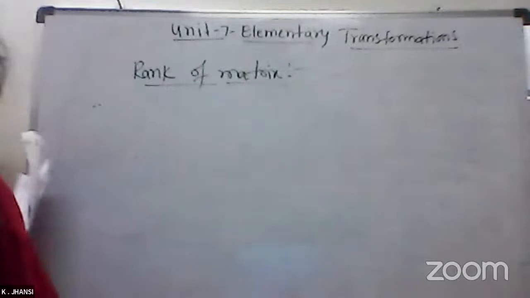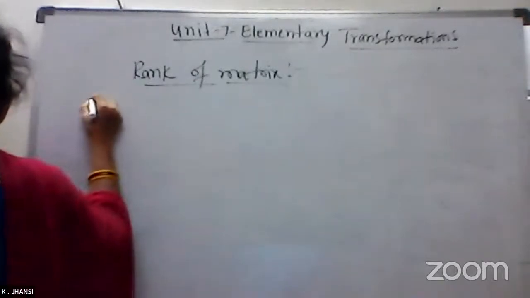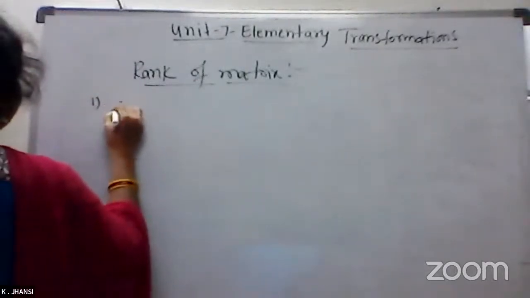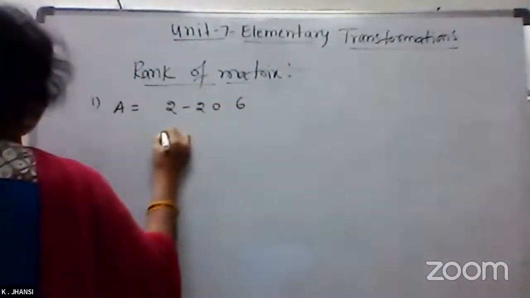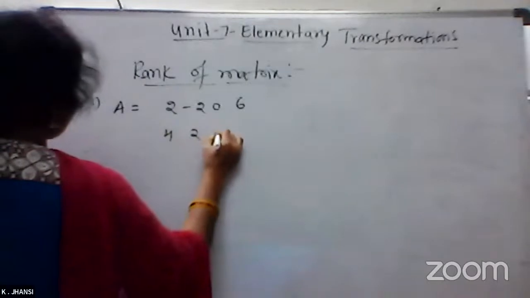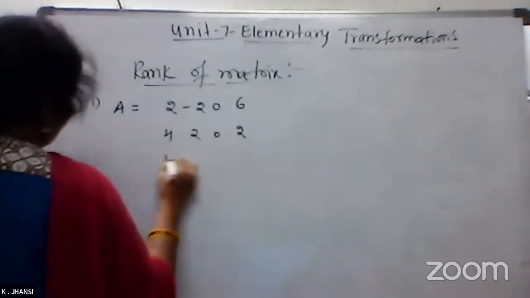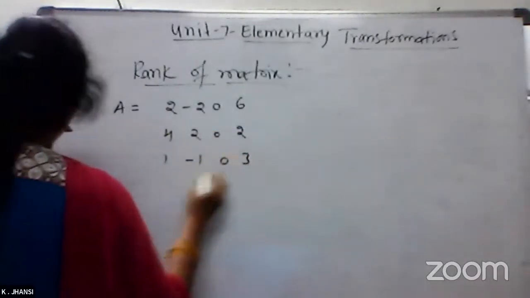The first one is the matrix A with rows: 2, minus 2, 0, 6; 4, 2, 0, 2; 1, minus 1, 0, 3.